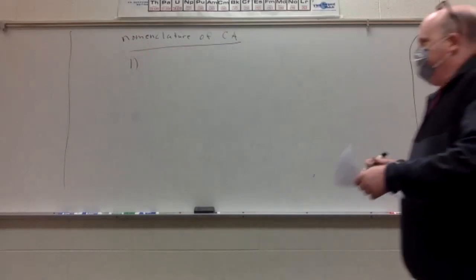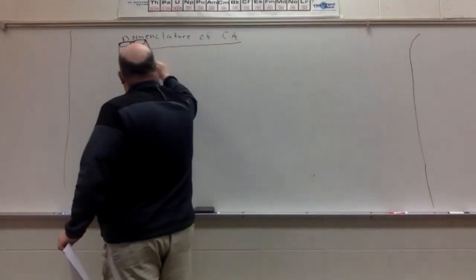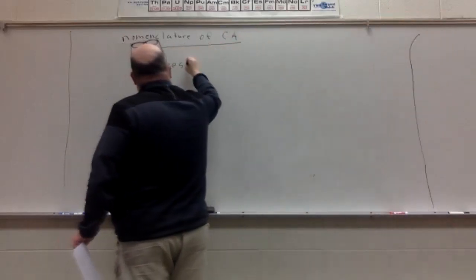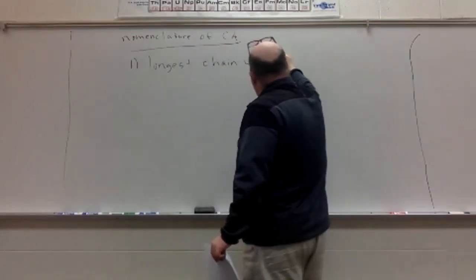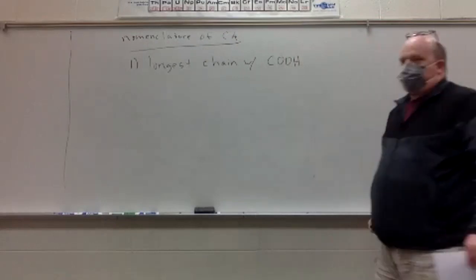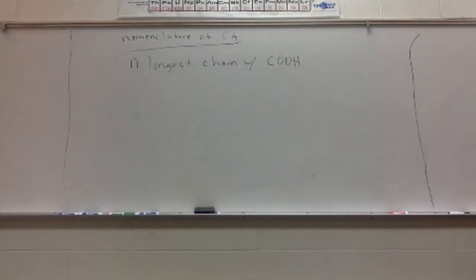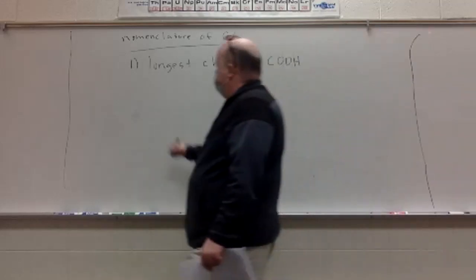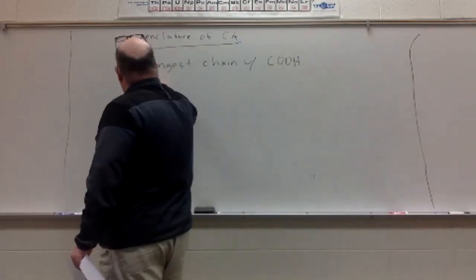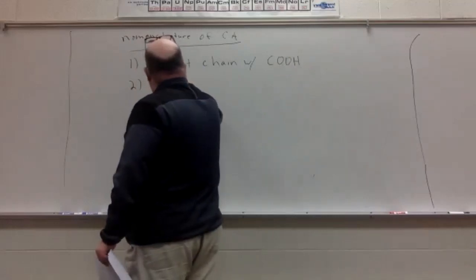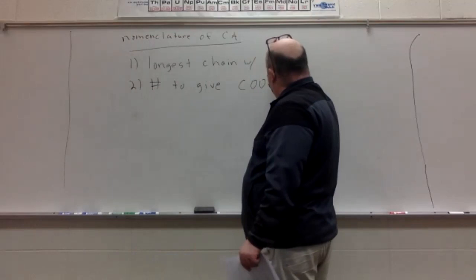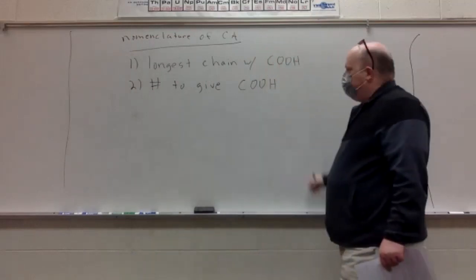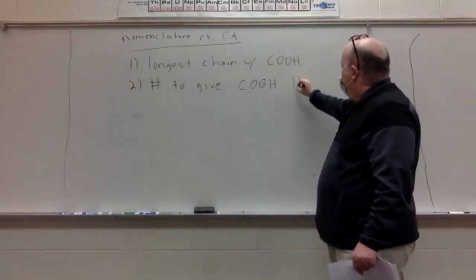The first thing you do is find the longest continuous carbon chain that has your acid group, and you number that chain to give your carboxyl carbon number 1.